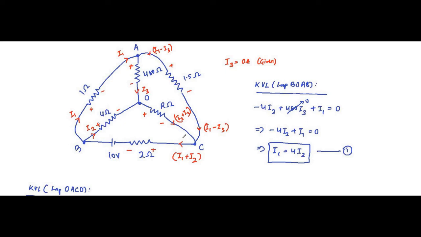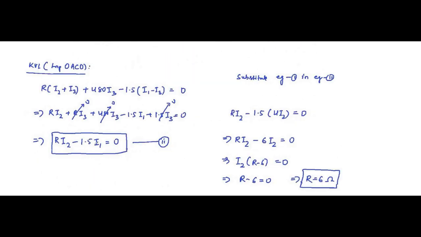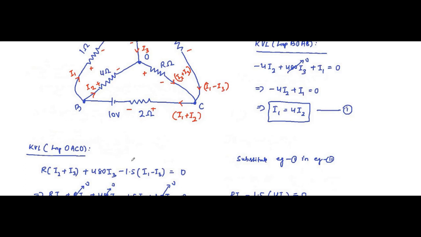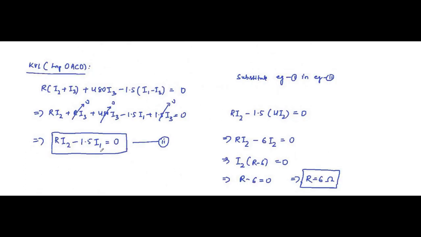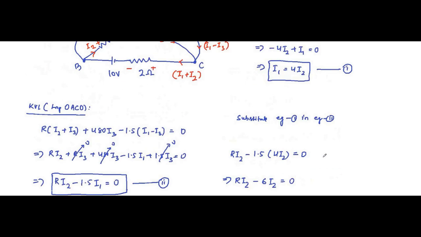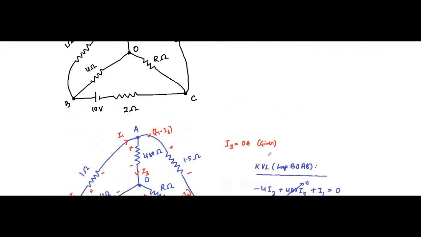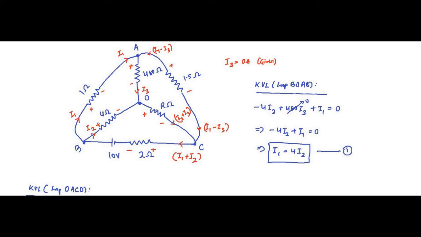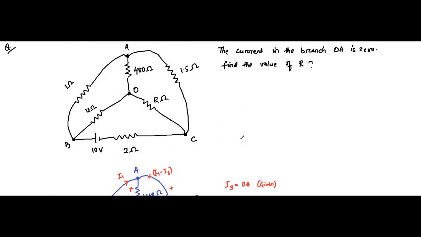Then we applied KVL in OACO and got this relationship. Directly we applied it, no need to find the individual values of the current, and we got the result R is equal to 6 ohm. If it had been asked to find the values of each of the branch currents, it would have become lengthy, because a lot of equations would have been involved. That is not asked here.